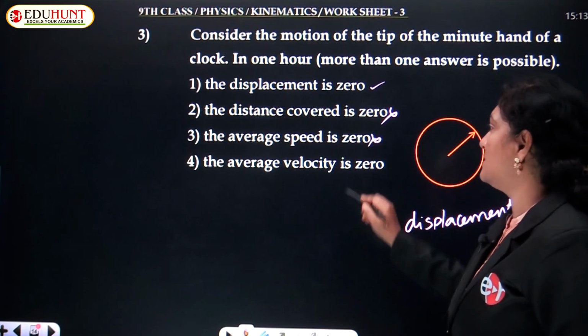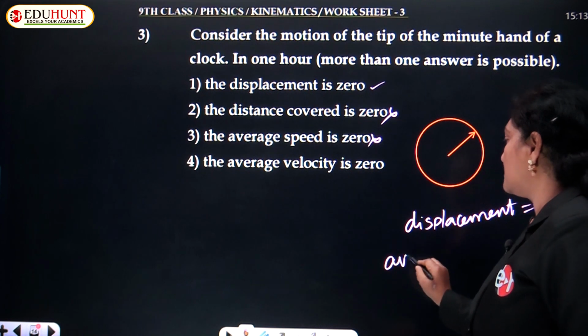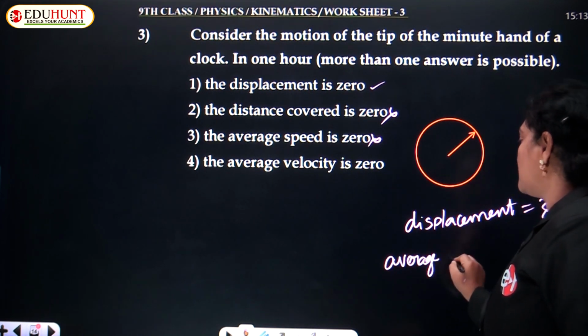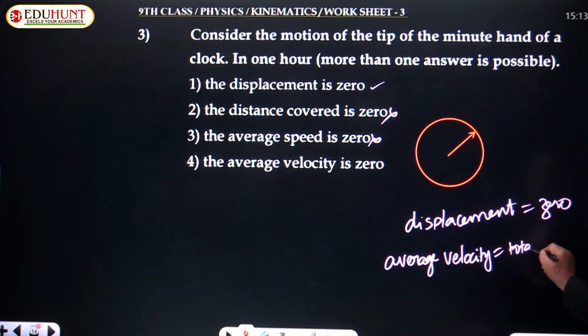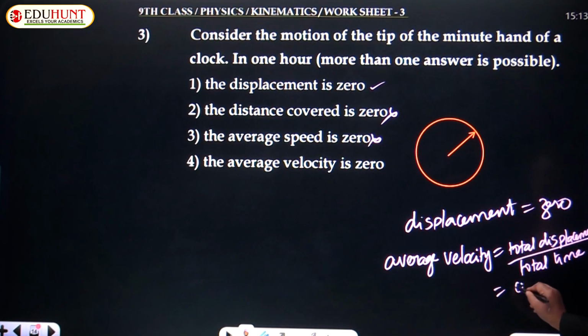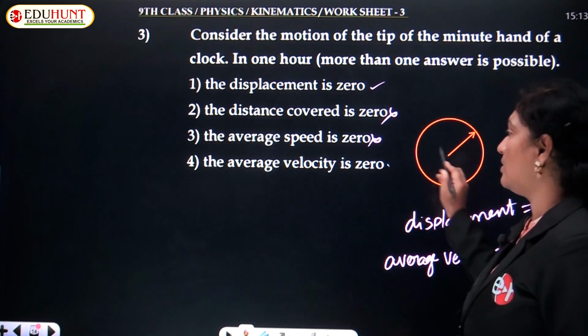Average velocity is 0. Yes, of course, children. Average velocity is equal to total displacement divided by the total time taken. What is the total displacement which we have just calculated? 0. So 0 divided by some time is nothing but 0, so average velocity can also be 0.